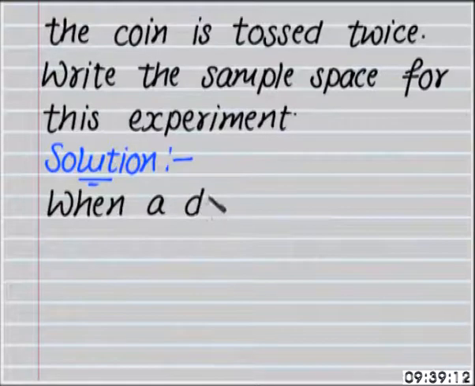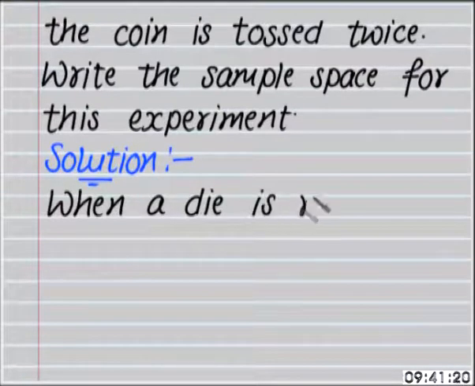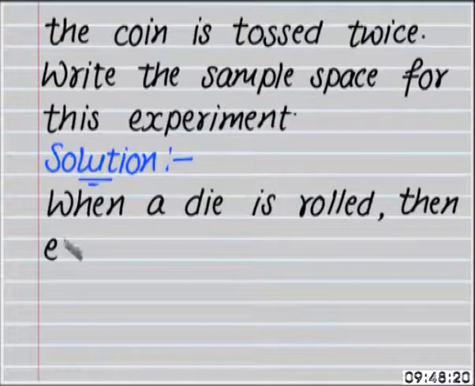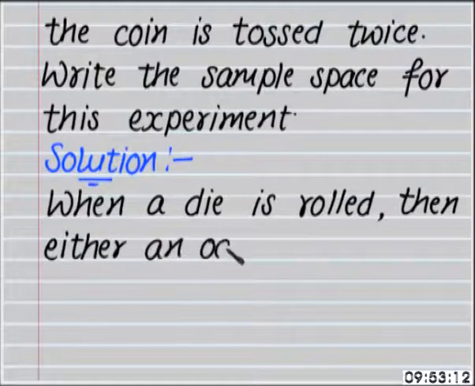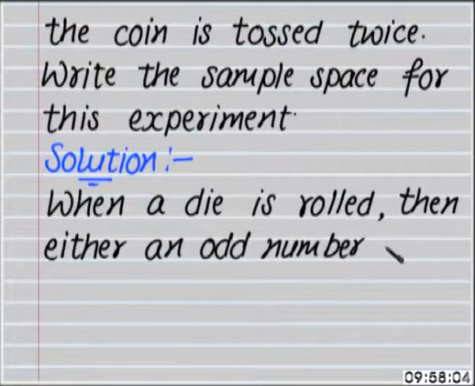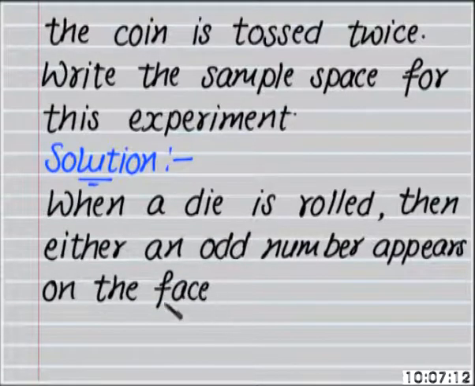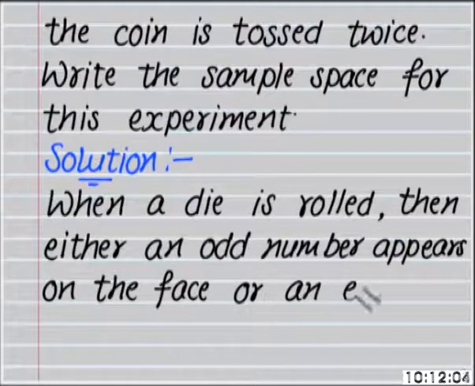When a die is rolled, then either an odd number appears on the face or an even number appears.